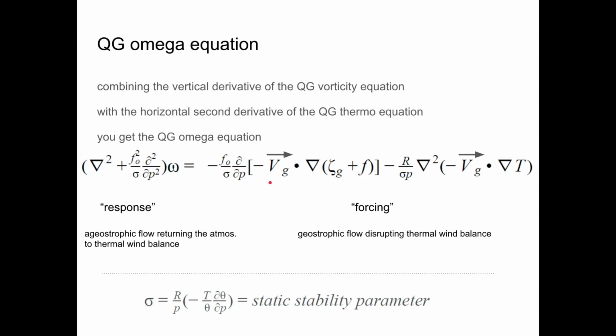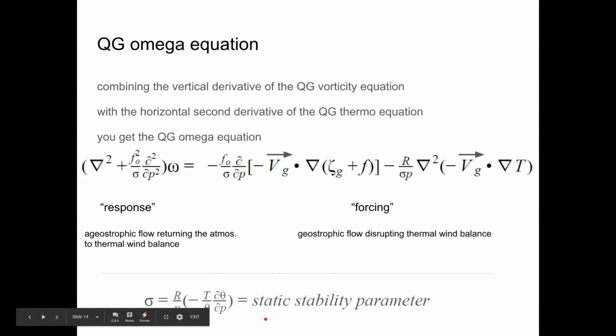So the geostrophic vorticity advection and the geostrophic temperature advection. And it's the geostrophic wind advecting the temperature and the vorticity that actually can disrupt the thermal wind balance. And when that happens, we get rising and sinking motion as a response. And that's an ageostrophic flow and acts to return the atmosphere back into this balanced state, this thermal wind balance.